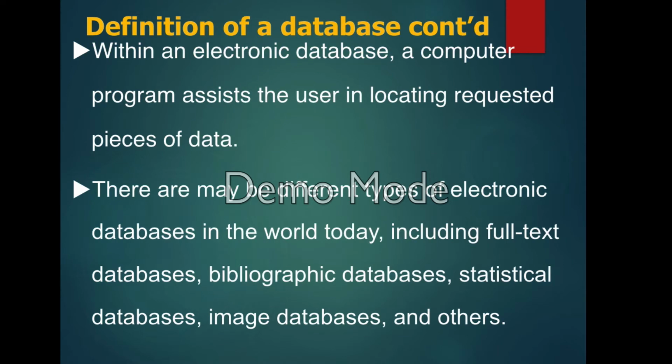Now, with an electronic database, a computer program assists the user in locating requested pieces of information. These days, when you visit most of the hospitals that are trying to integrate electronics into their system, you realize that they use the computer to enter your name and all your basic information.